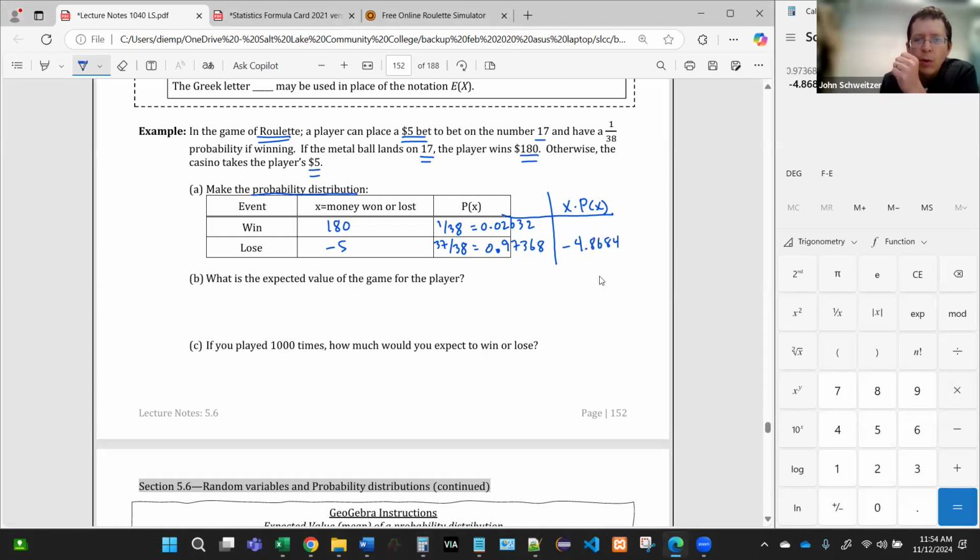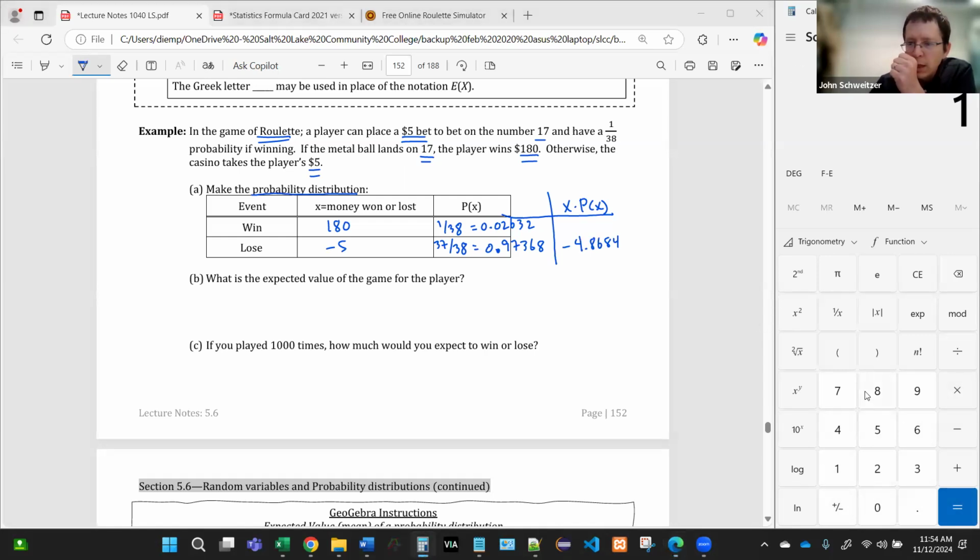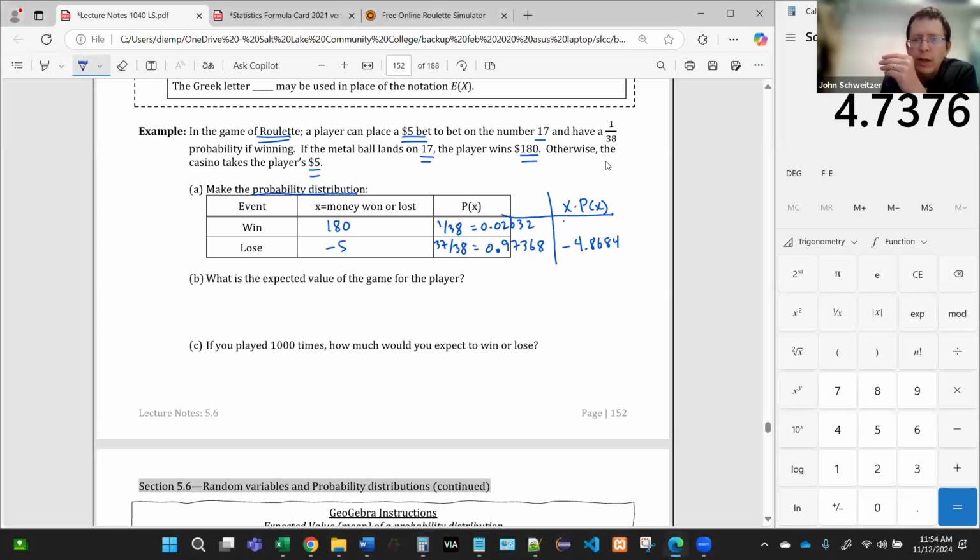And then here I'm going to go 180 times 0.02632. And we see that that small probability took the 180 winnings and shrank it down to a much smaller number. It's now down to 4.7376. So it really shrinks the number down a lot, okay?